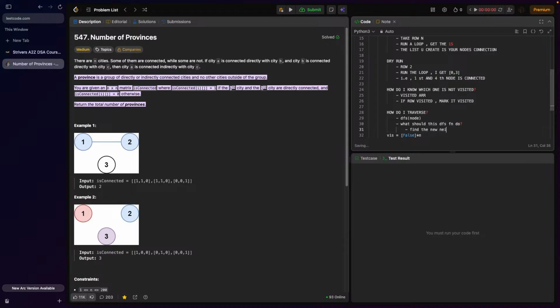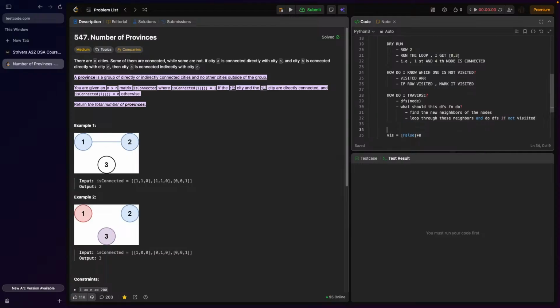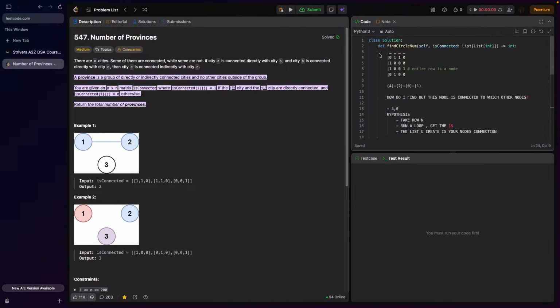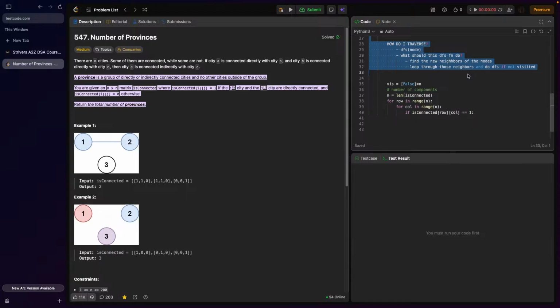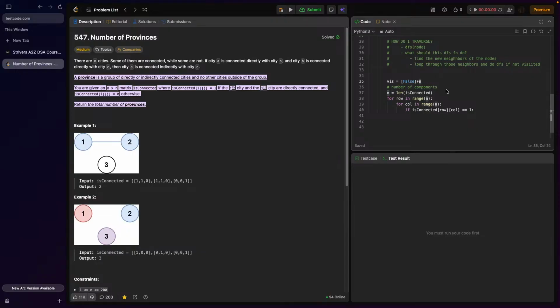Find the new neighbors of the node, loop through those neighbors, and do DFS if not visited. That's about it. I would hope so. Yeah, let's give it a try.